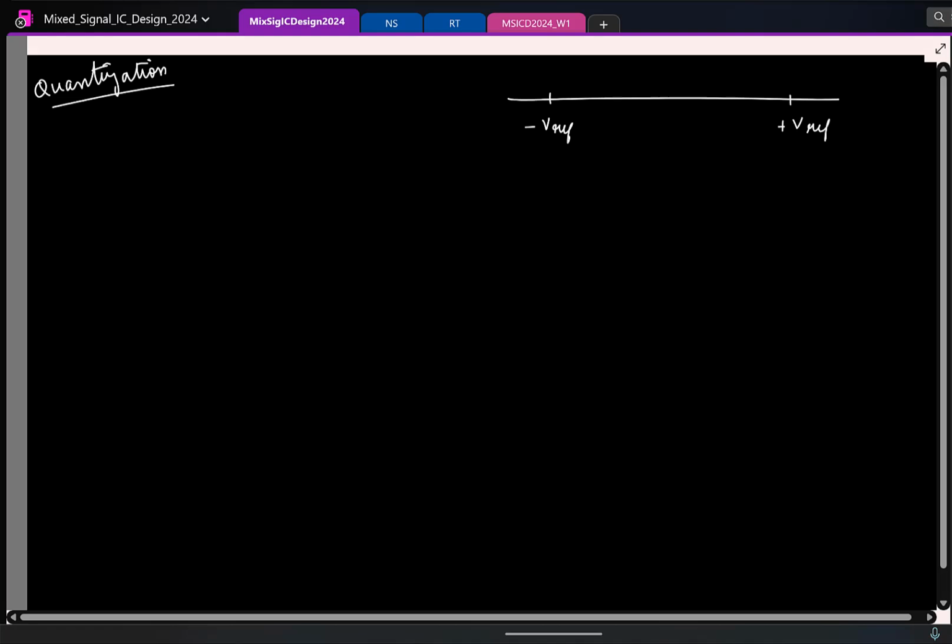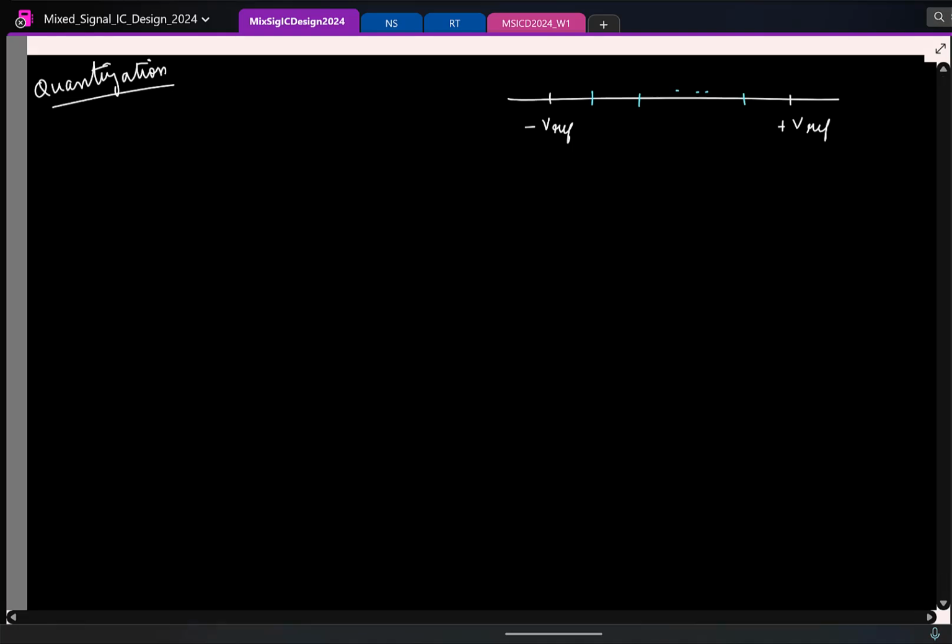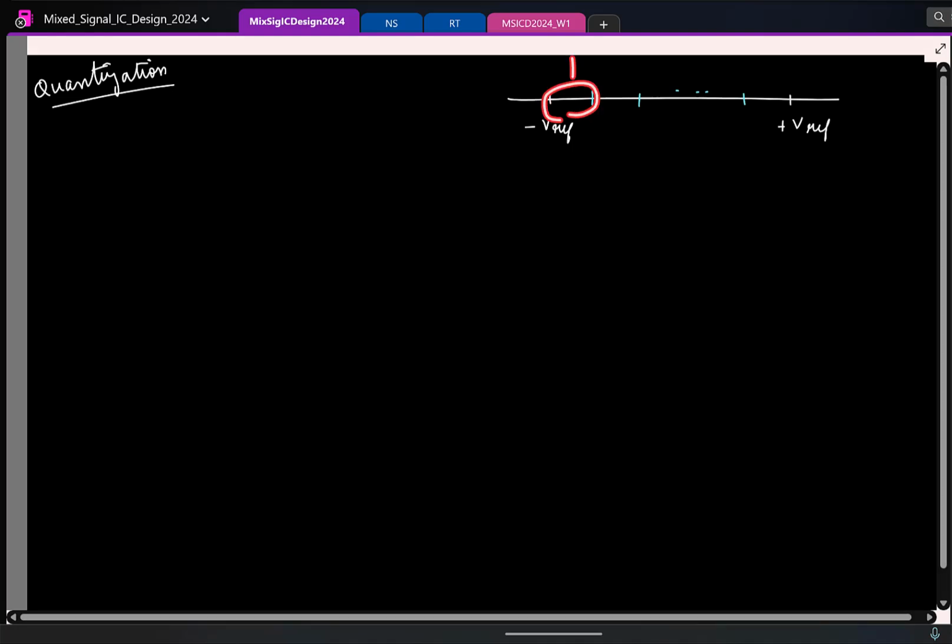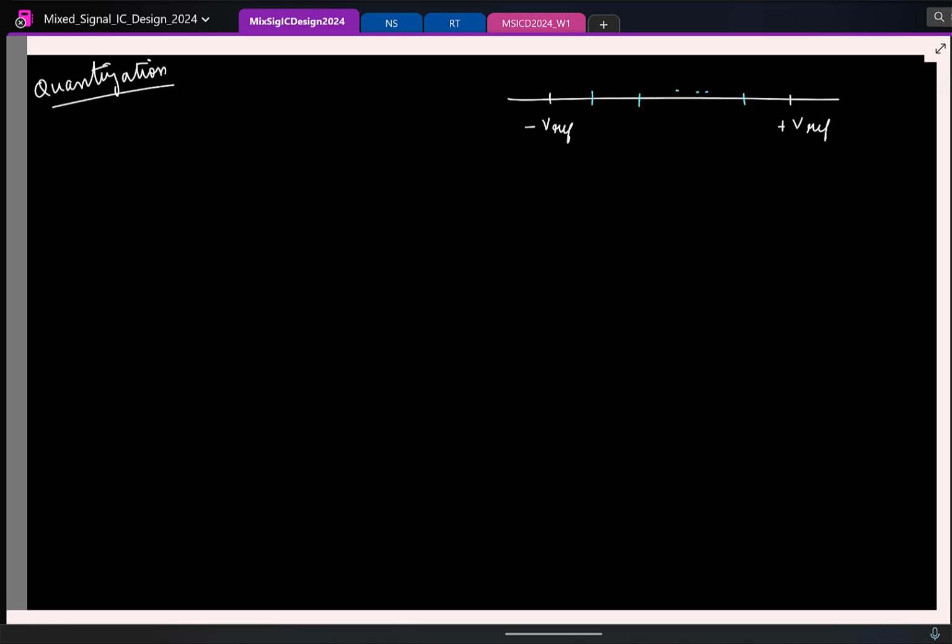Now, instead of having to store any possible amplitude that the signal can take, the idea is you divide this into a finite number of segments like this, and you say any amplitude within this range will be assigned one particular amplitude level. Any amplitude in this range will be assigned another amplitude, and so on. Once you do that, you have a finite number of amplitudes that you have to store, and this, as you know, can be encoded using binary bits. That is the basic math behind this operation. We'll see how we implement it later.